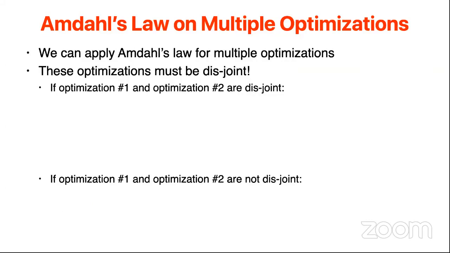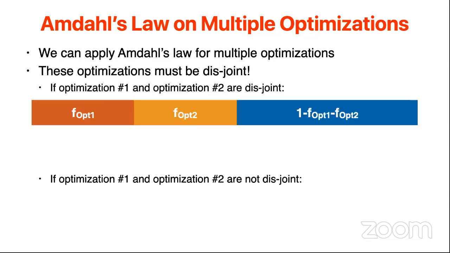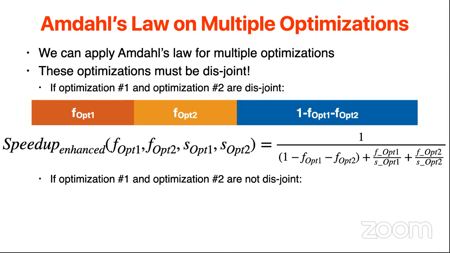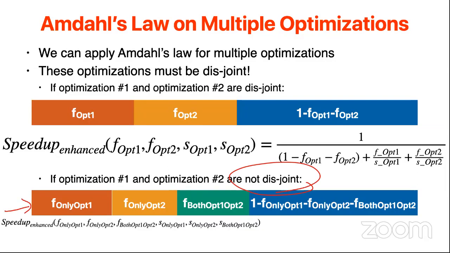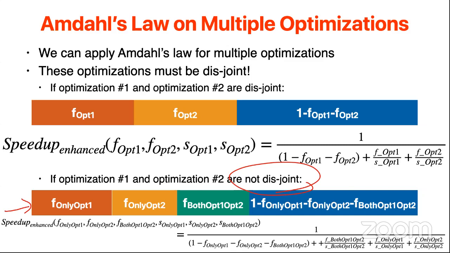But most of the time, the math is not that simple, because your program consists of multiple parts, and multiple parts can be optimized separately. So you can extend Amdahl's law to do this, but just one guideline: make sure that you make a chart with these non-overlapping parts and apply the speedup of each part to calculate the final result.